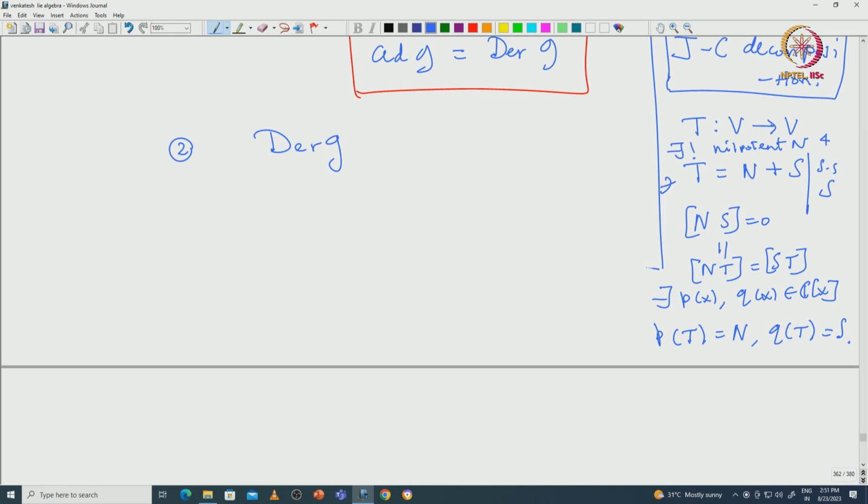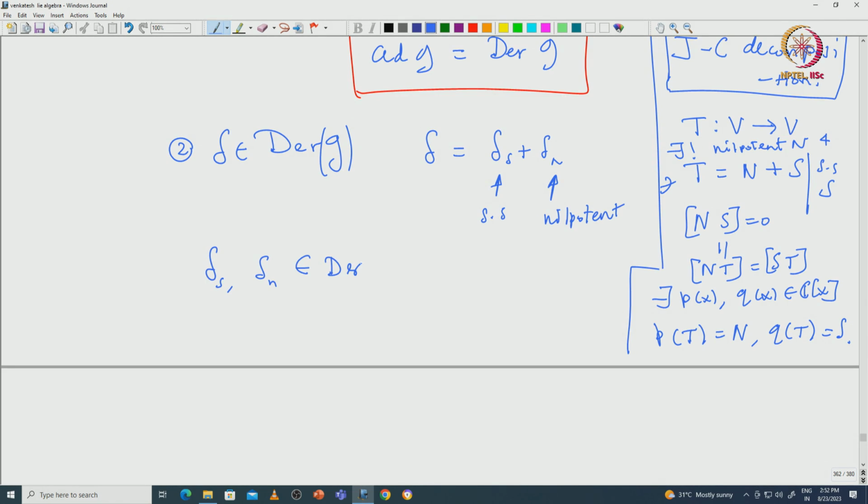So, what one can prove, for the derivations of g, if I take delta inside derivations of g, then we can write delta equal to delta S plus delta N, where delta S is the semi simple part and delta N is the nilpotent part. Okay. What one can prove is that both delta S and delta N will again be inside the derivations of g.